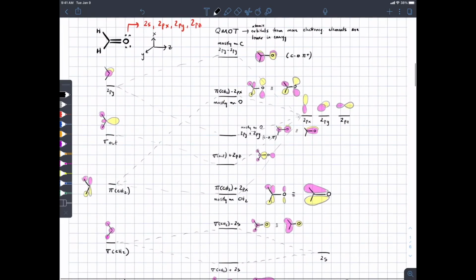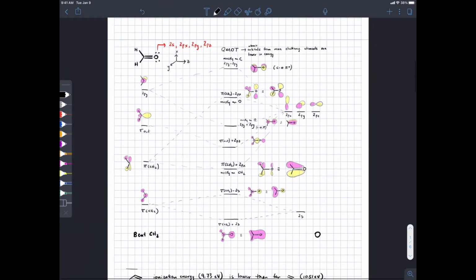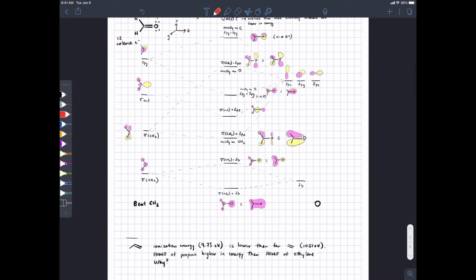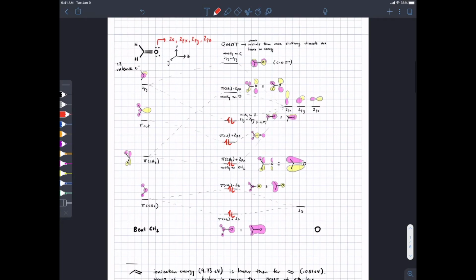Now that we have all of the orbitals mixed together, as with ethylene, we have 12 valence electrons. So now let's fill up the orbitals with the available electrons. 2, 4, 6, 8, 10, and 12. Okay.